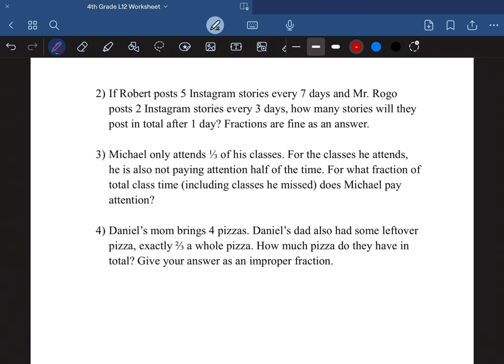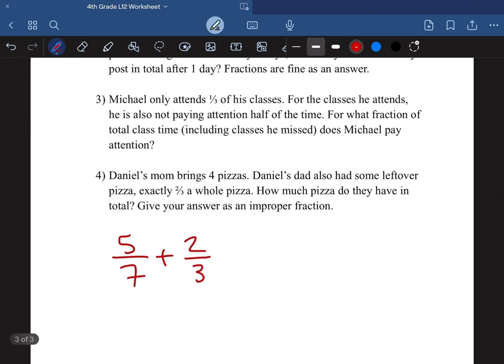So, Robert posts 5 Instagram stories every 7 days plus Mr. Rogo posts 2 Instagram stories every 3 days. So again, we have to find a common denominator of those two, which in this case is 21.